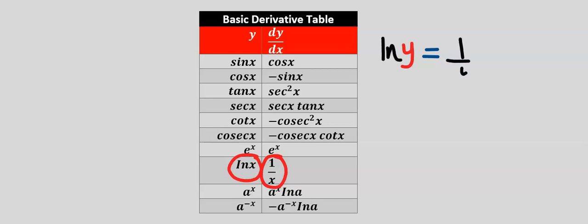Recall that when you differentiate the natural log of x, you are going to have 1 over x, and when you differentiate the natural log of y, 1 over y. However, for y, you are going to multiply it with dy over dx. This is the difference between when you differentiate the natural log of x and the natural log of y, according to implicit differentiation rule.